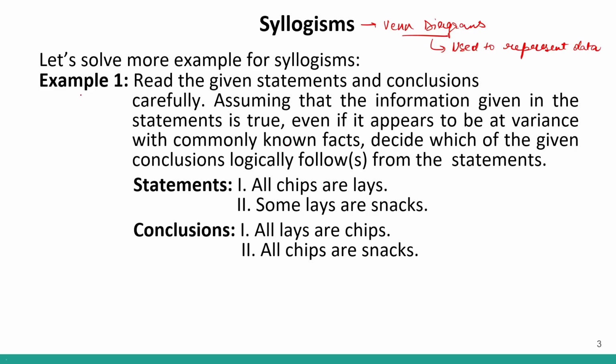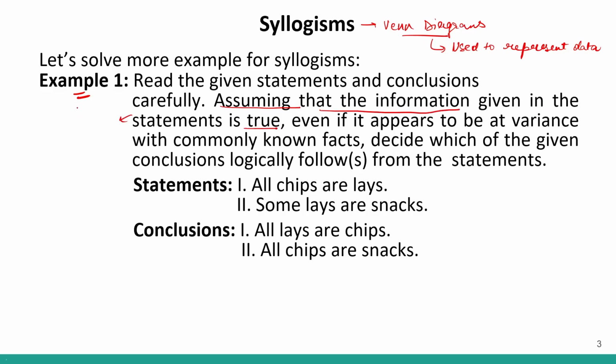So let us start with this question. This is example number 1. The question says, read the given statements and conclusions carefully. Two statements and two conclusions are given to us, assuming that the information given in the statements is true.